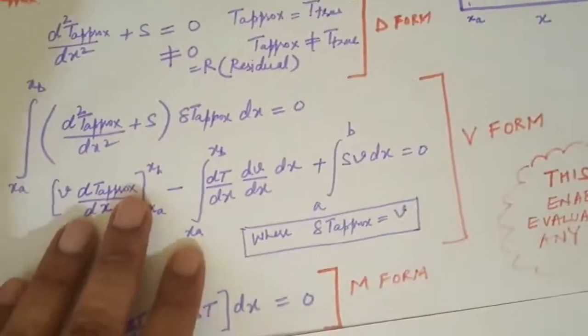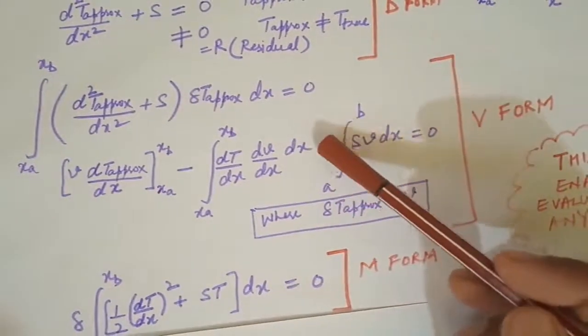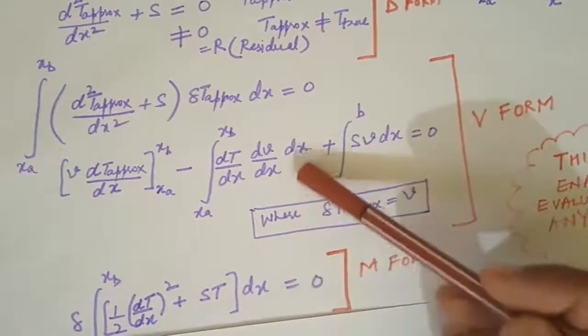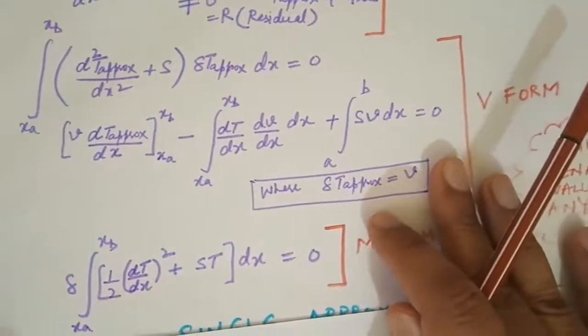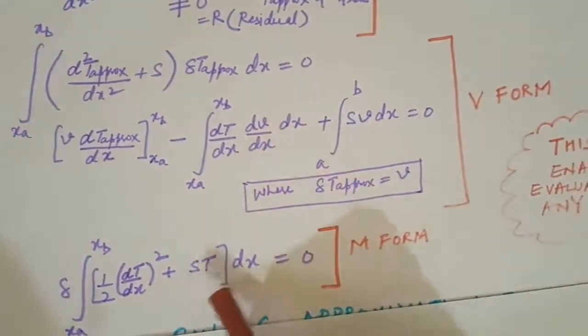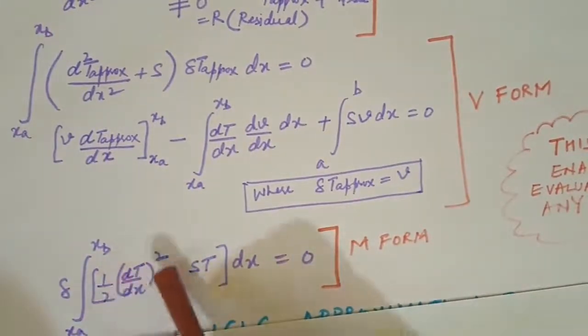Likewise, we have studied M form, which was just a variant of V form itself, or they are interchangeable under certain circumstances. M form was essentially based on the minimization principle. That is, we have studied the principle of least action, where something is minimized, and that was called the Lagrangian.